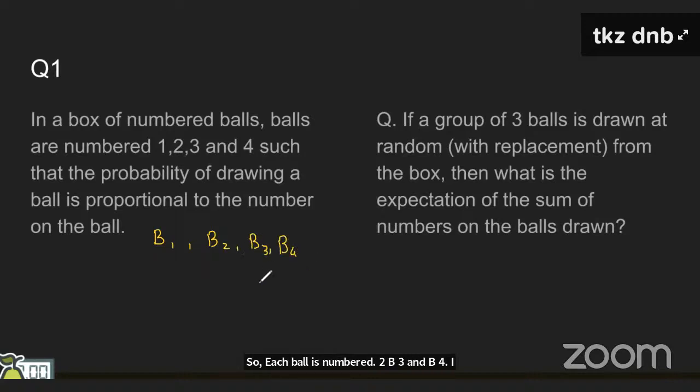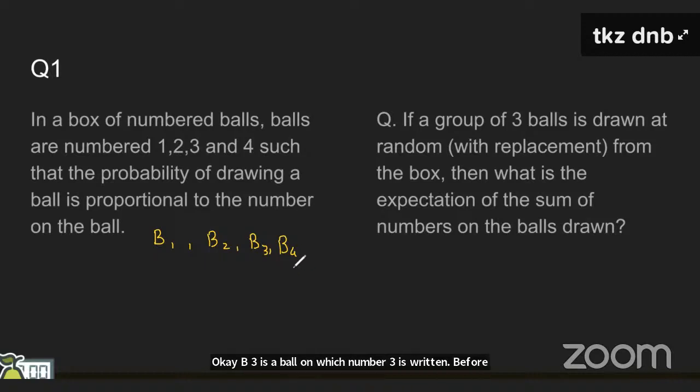I think you are confused with the question itself. B1 is a ball on which the number 1 is written. B2 is a ball on which number 2 is written. B3 is a ball on which number 3 is written. B4 is a ball on which number 4 is written, right?